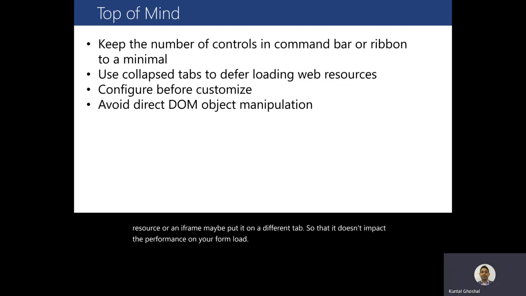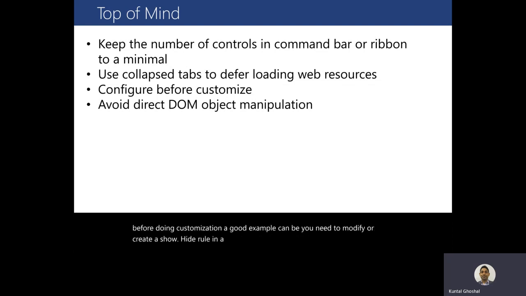Configure before customize. That's one of the very key fundamental aspects of customizing any SaaS platform. Always look for a configuration option before doing customization. A good example can be you need to modify or create a show hide rule in a form.